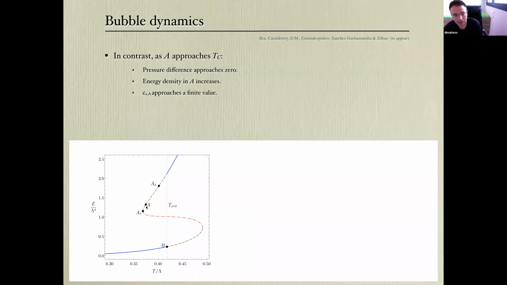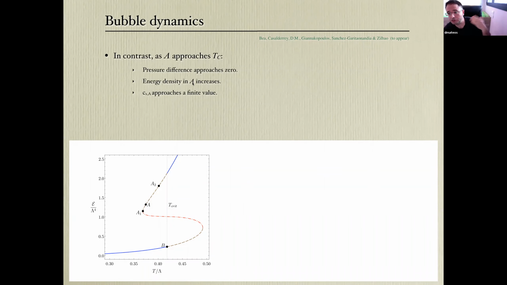Now, in contrast, if you send A to this point, so if the nucleation temperature approaches the critical temperature, then, of course, you know that if you go all the way down to TC, you expect that the wall will be at rest because then you can have phase coexistence at TC. And indeed, in that case, the pressure difference between the inside and the outside of the wall of the bubble goes to 0.